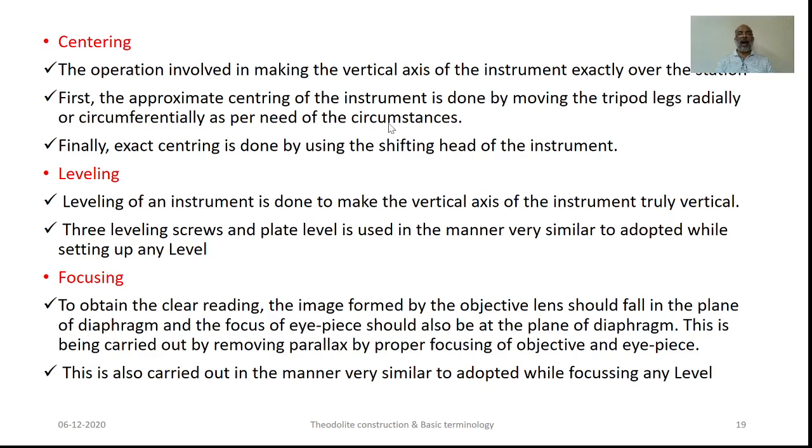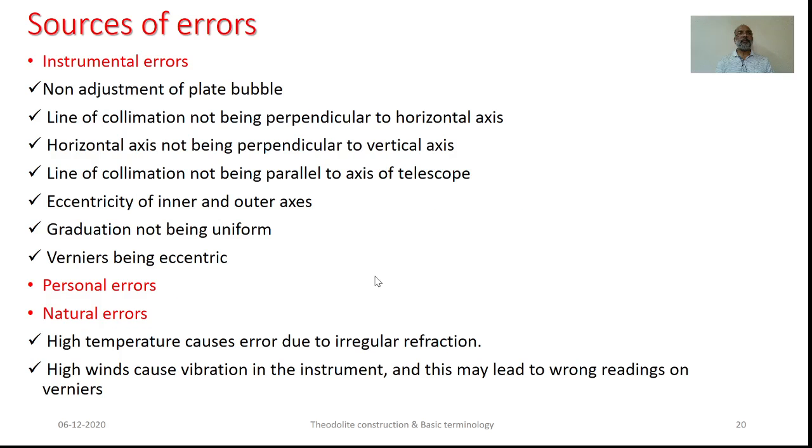Just to have the processes recalled, one may please go through the content that I have presented here. This particular equipment is always a preferred option for the surveyor.